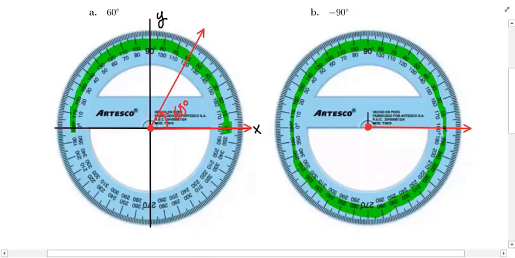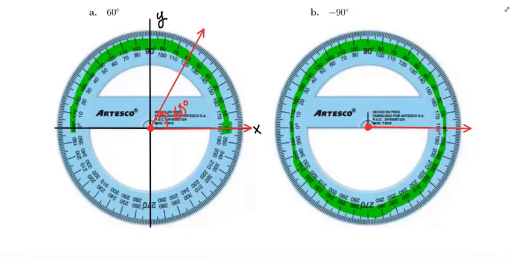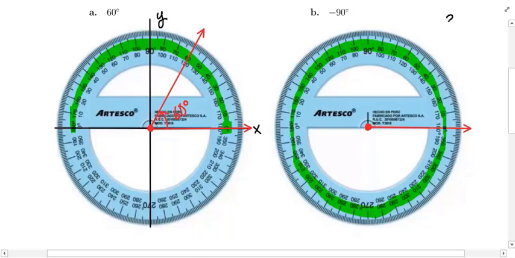It is not correct to start here and then go all the way around until you end up at 90 degrees. That's not correct. So this is what you're going to do for these negative angles. We know that there are 360 degrees in one circle, and we're going to subtract out 90 degrees. If we do that subtraction, that is going to tell us 270.